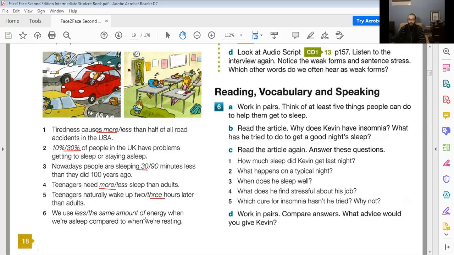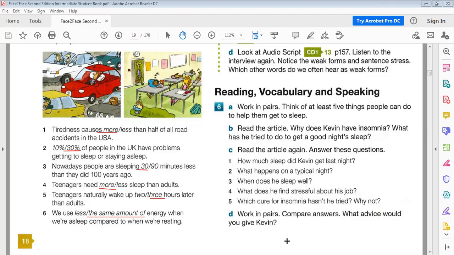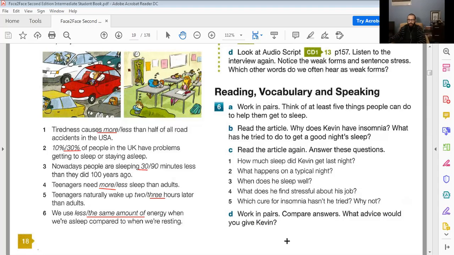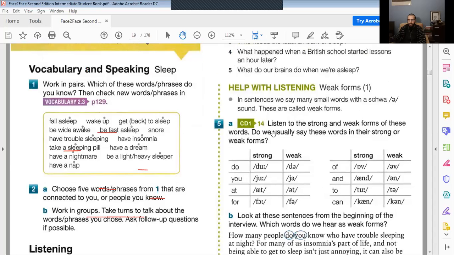Maybe the same. So you think we don't use less energy when we're asleep? It's only a guess. It's okay, because we still don't know. We haven't heard the statistics yet. So let's hear them first.